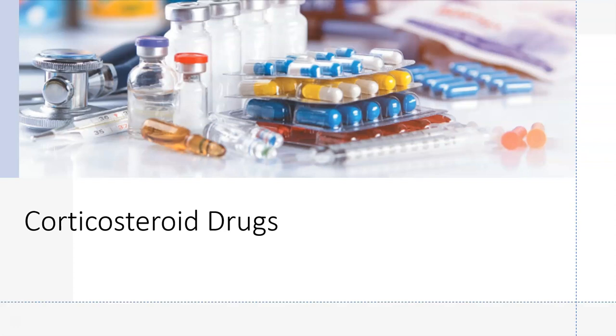They're also used to treat the anemia caused by chemotherapy drugs. We've already discussed these in chapter 14 of the endocrine system. We know that corticosteroids end in -one, -lone, or -onide.